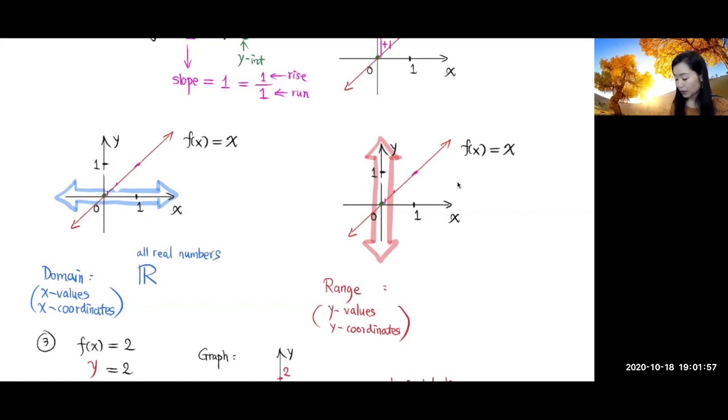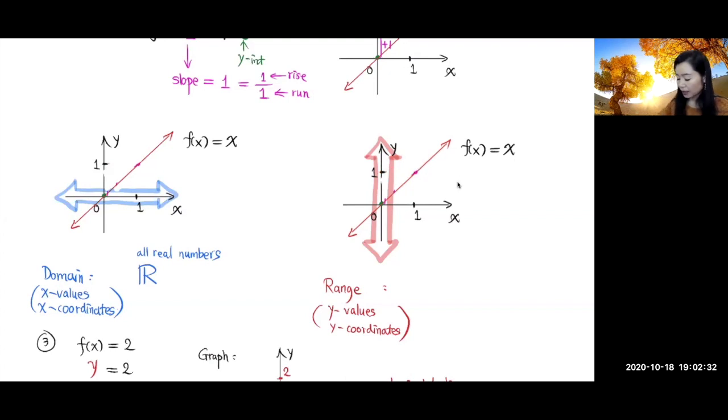What about the range? The range is the set of all possible y values, or think of it as the y coordinates. So let's find out what kind of y coordinates the points on this graph take. You project to the y-axis. You take the points on the graph and draw a horizontal line to project them to the y-axis.